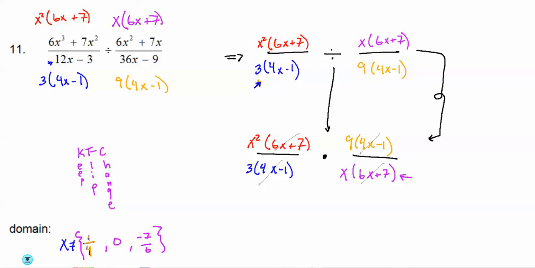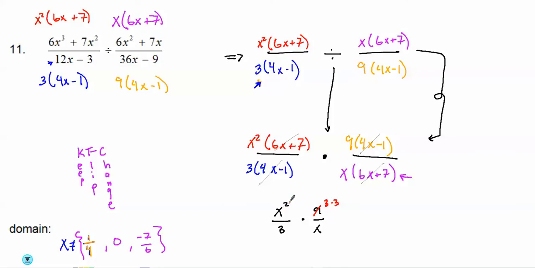And we're probably not done with our canceling. We have x squared over 3 multiplied to 9 over x. Now we're not done because I understand that this 9 can become 3 times 3.